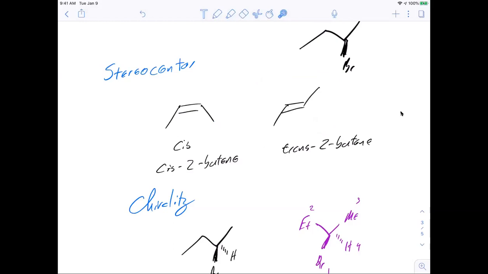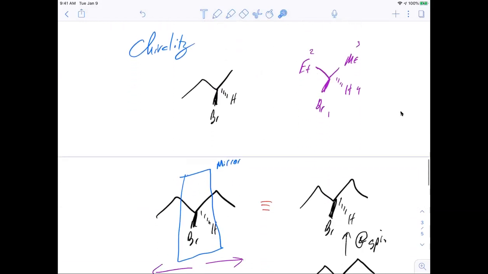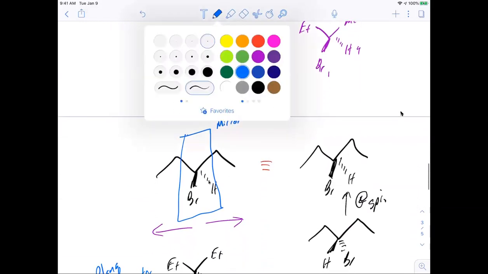So if you can bisect something with a plane of symmetry, it won't be a chiral molecule. If it does not have four different things attached to a carbon, it's not going to be a carbon-based chiral center. So let's look at a practice problem.